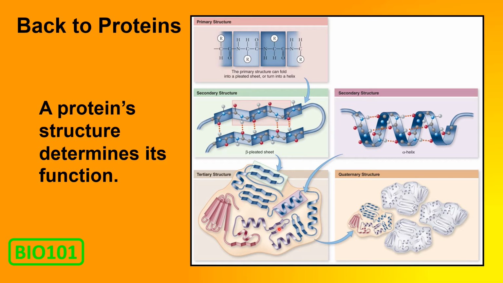That's tertiary structure. Now, if you take a bunch of these globular proteins and you hook them together, then we have quaternary structure. So tertiary structure would be along the lines of, for instance, an enzyme. But if you take a bunch of those tertiary structured proteins and you hook them together and they become functional together, then that's quaternary structure.